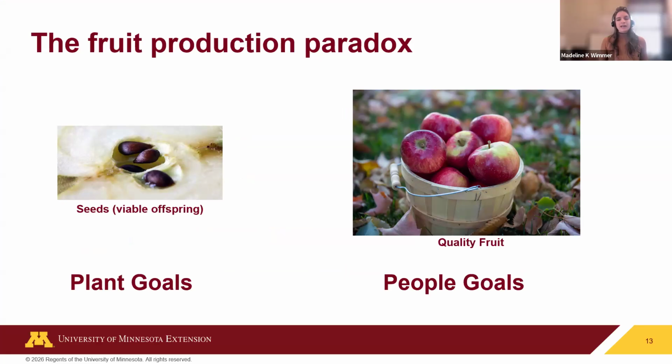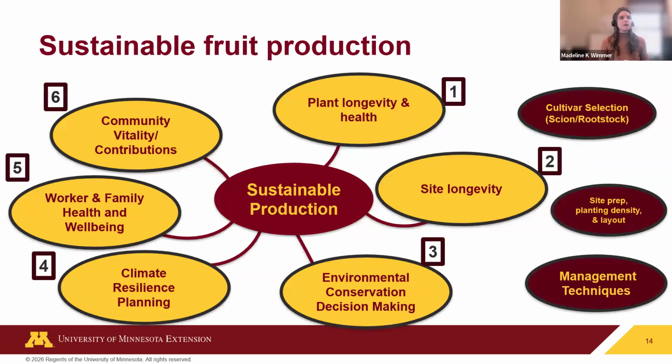Whereas when we're working as fruit growers, oftentimes our goal is to grow fruit, and so we are expecting uniformity. We want our tree to be loaded with fruit, perhaps. And that's not always in alignment with how these trees evolved. So just something to think about.